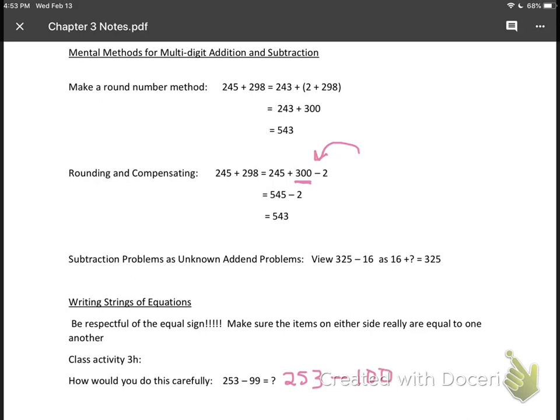I really have only 99, so I have to add the 1 back in. And they go through a whole bunch of these problems, and they go through child confusion as to, do I add the 1, do I subtract the 1, what do I do? So once again, keeping your equal signs all balanced is very important. So we're going to go on to the next page in just a sec.